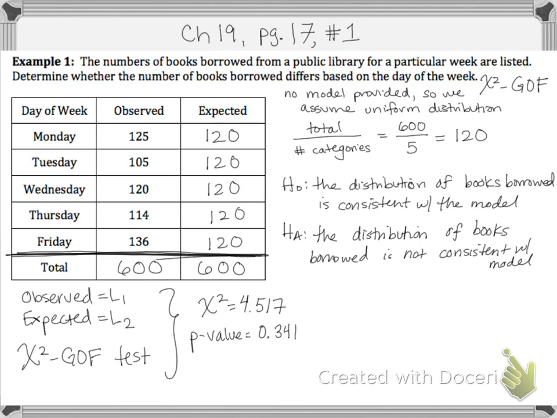I didn't provide an alpha level, which is just wonderful. So let's go ahead and use alpha equals 0.05. Sorry about that, guys. And if we look at the p-value versus alpha, it's definitely larger, which means we would fail to reject the null.